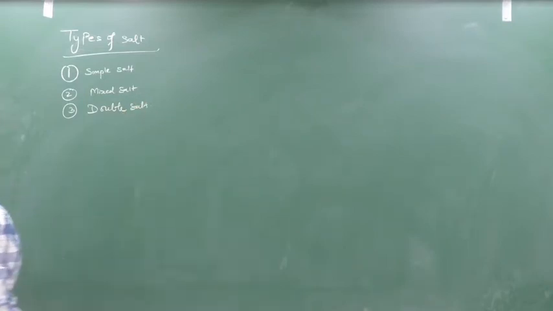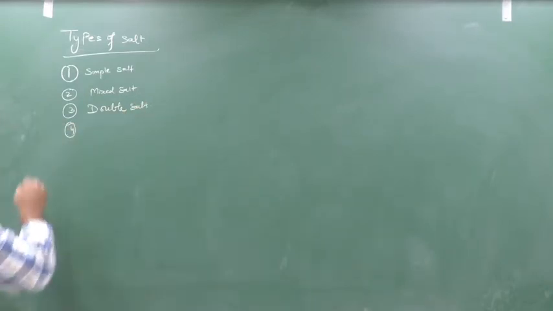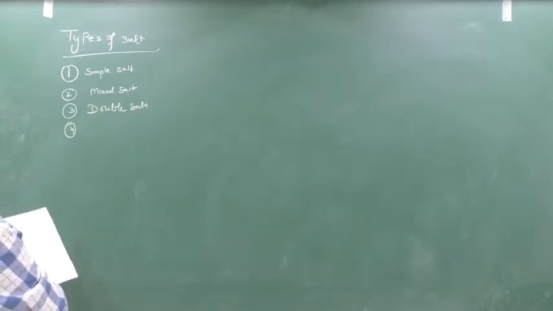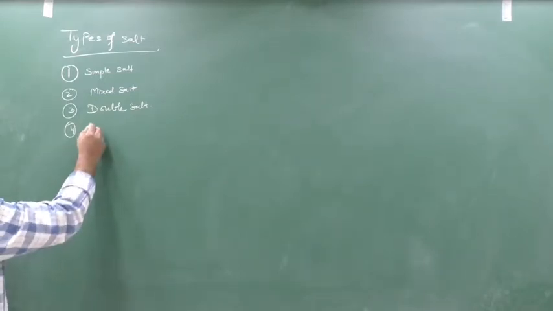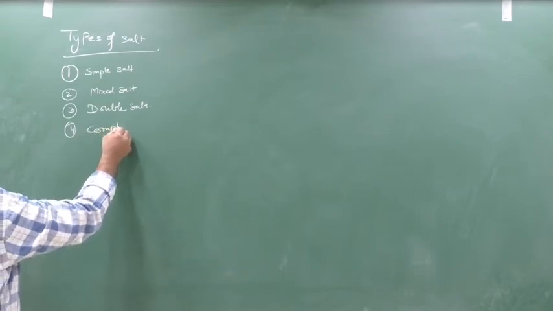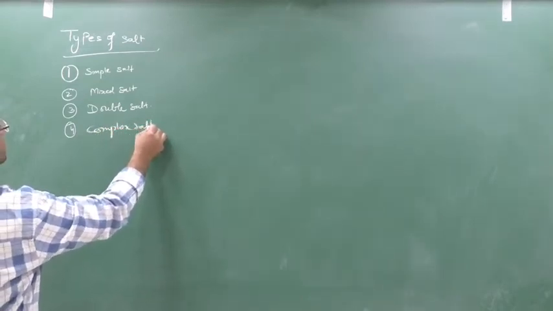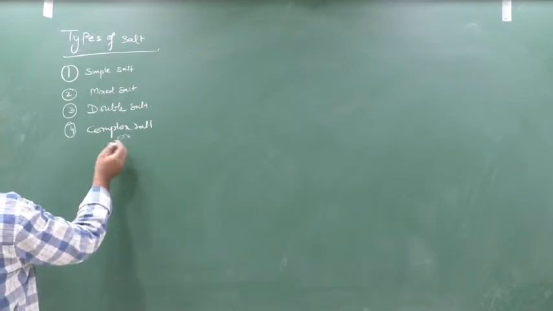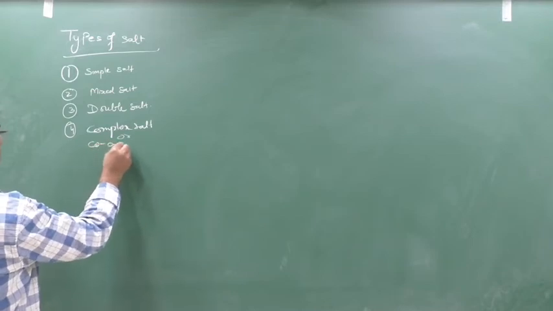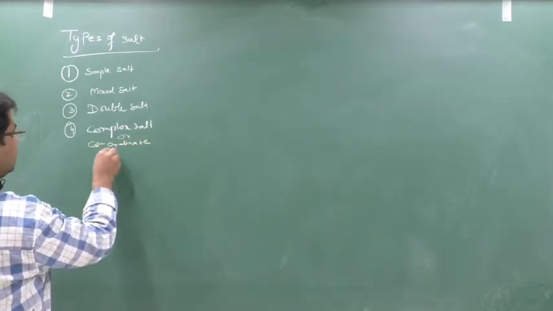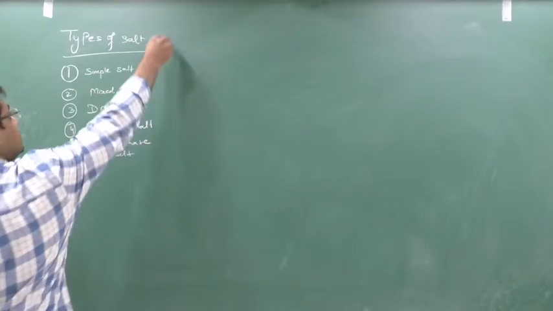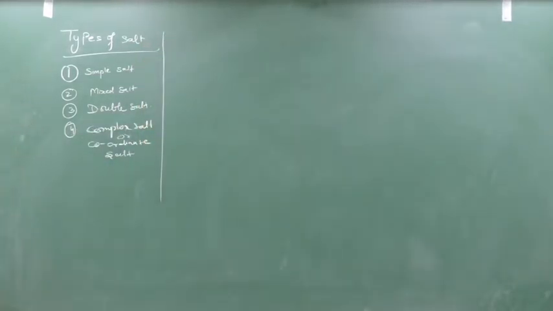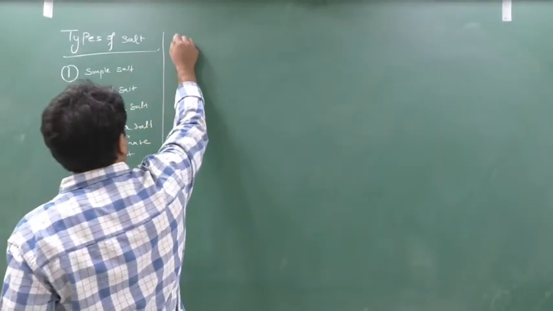Then fourth, complex salt. In this type of complex salt only coordinate covalent bond is seen, so I can say this coordinate salt also. Clear? So first make a note of this, then go one by one, starting with simple salt.